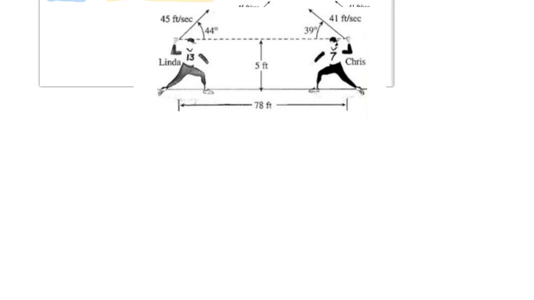So focusing on Linda, x of t is going to equal the initial velocity, which is 45, times cosine of 44, times t. The y component for Linda takes into account the fact that we're starting at this 5-foot elevation.